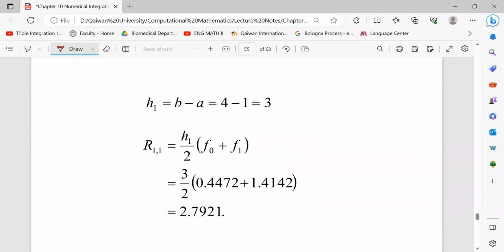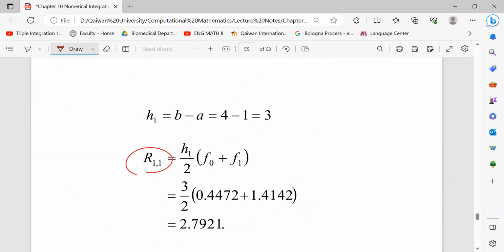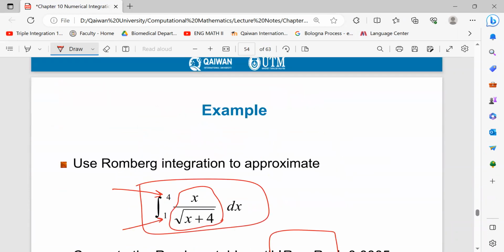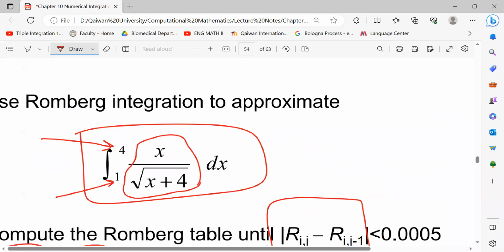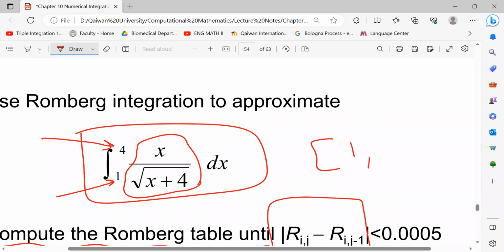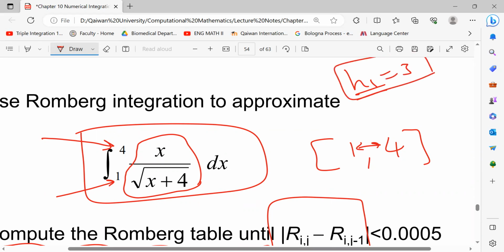Let's find R11, which is H1 over 2. What's H1? H1 is the length of our interval, from 1 to 4. We make this into one subinterval. From 1 to 4, the length is 3. So H1 is 3.